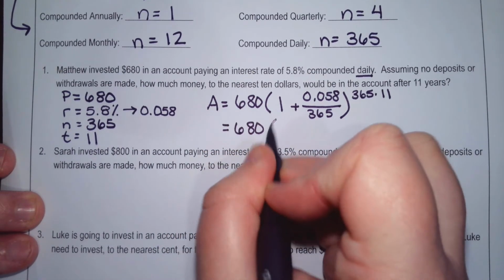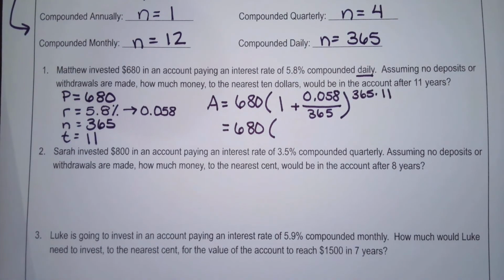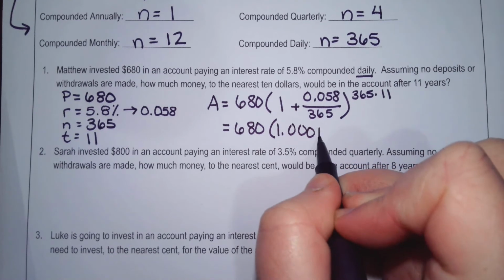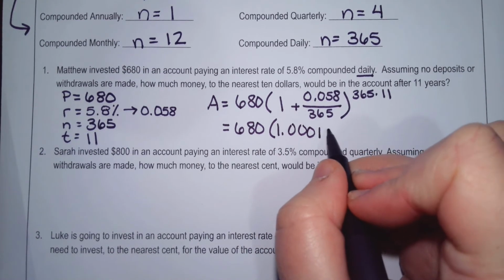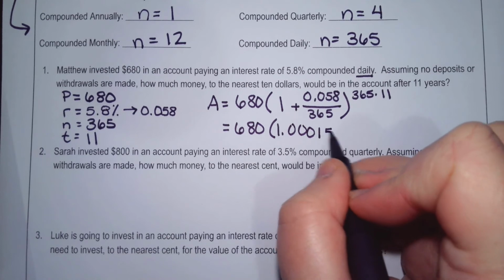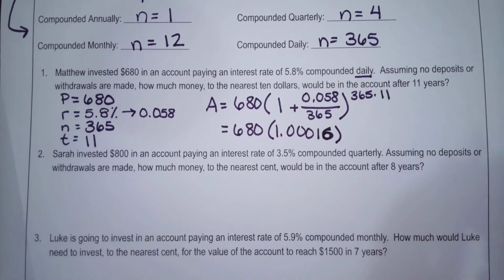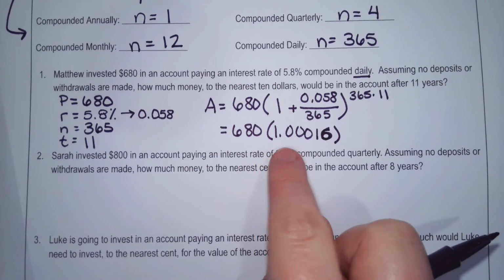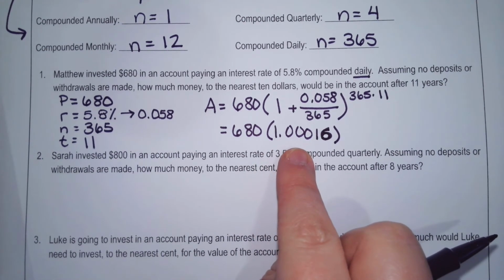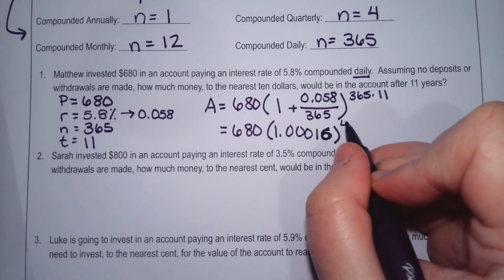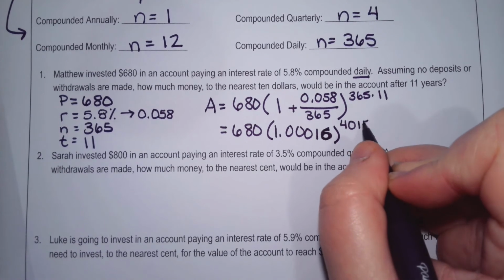So 0.058 divided by 365 plus 1. So we get 1.00015. Actually, that would be a 6. If you do this, keep as many decimals inside the parentheses as you can. Then 365 times 11, 4,015.